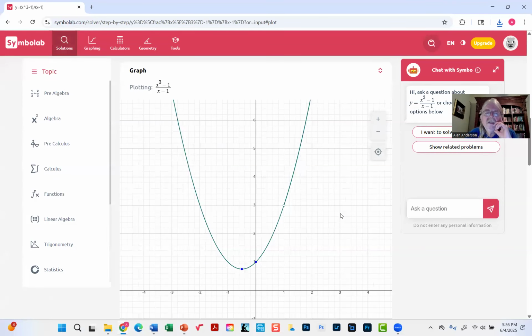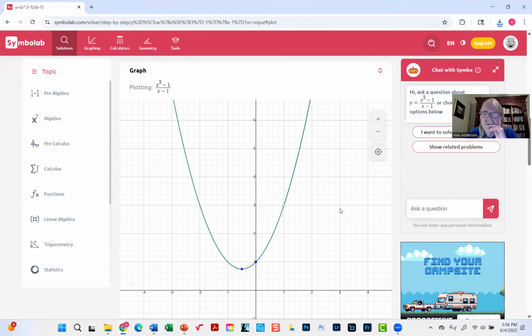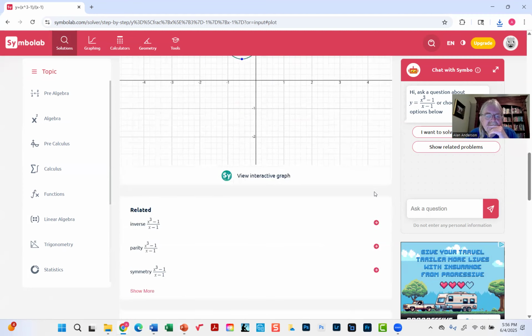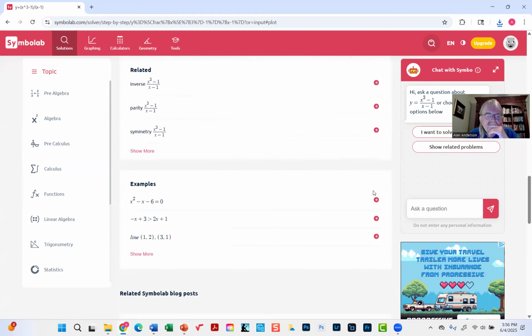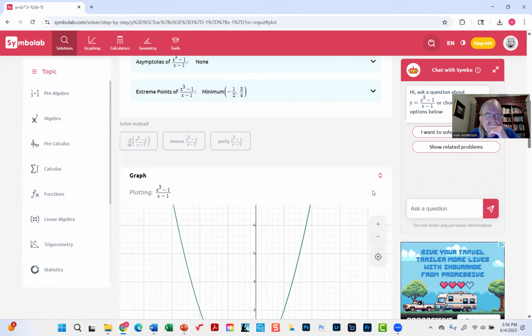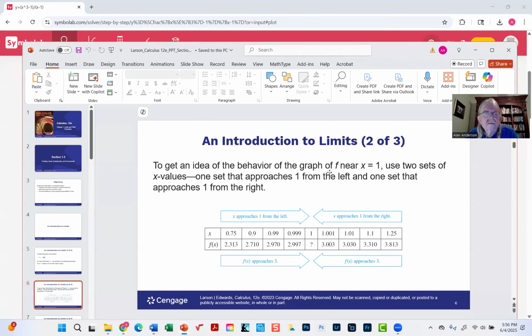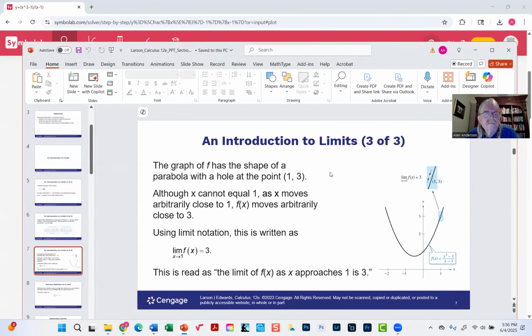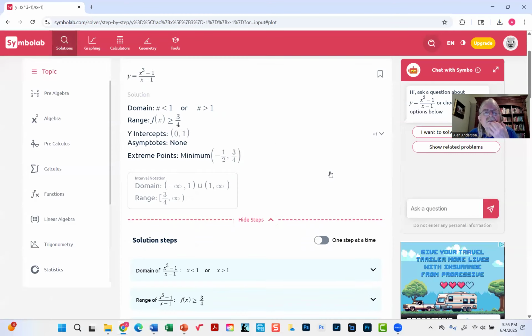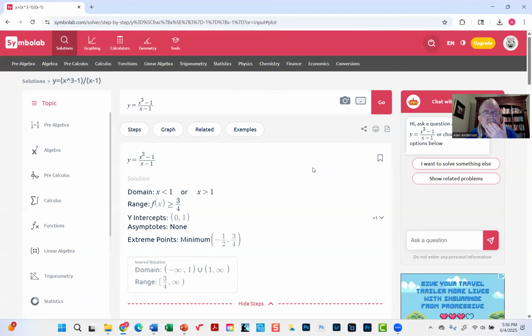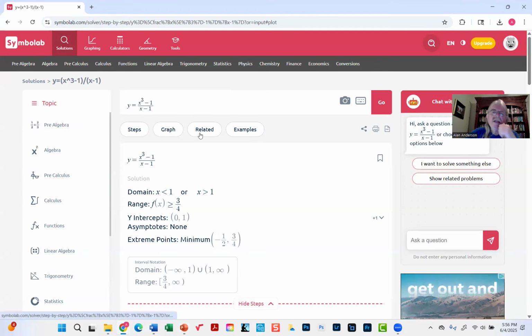That's interesting. You notice what must have happened is it must have reduced to a simple quadratic equation. I'm surprised that Symbolab didn't show this.